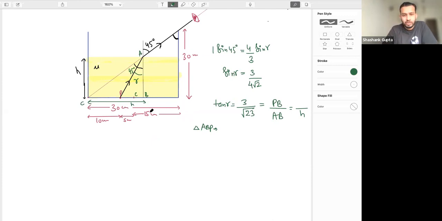Now I have called this C, so let me call the center O. PO is 5. We have to find out PB. So PO is 5, and we have to find out OB. If we are able to find OB, our job is done. So can I say OB is what?